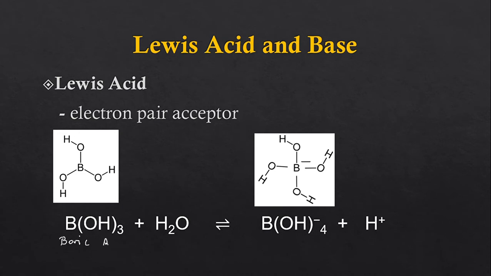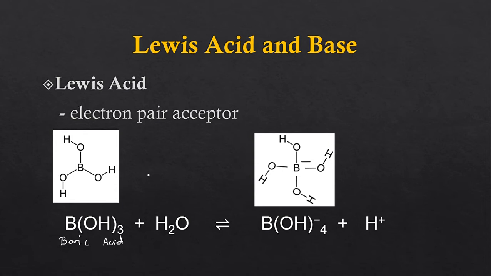Boric acid. So, definitely, ito yung acid natin. Okay? Now, paano siya nagiging electron pair acceptor yung Lewis acid natin? Itong boric acid kasi na to, hindi siya, though may mga hydrogen siya, hindi siya mamimigay ng proton or ng hydrogen.